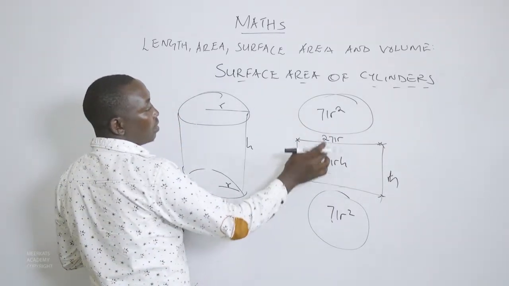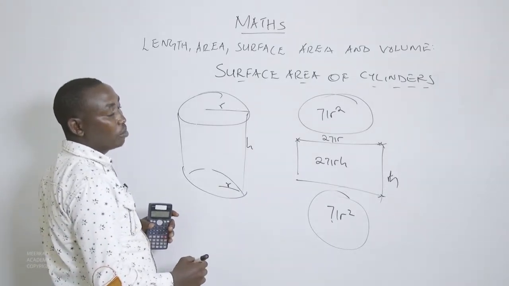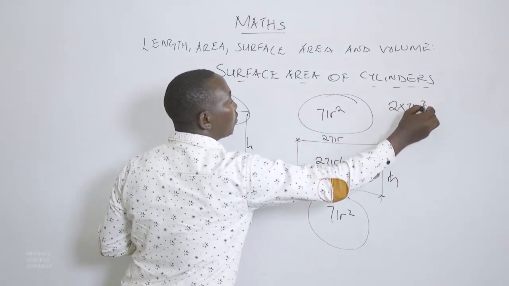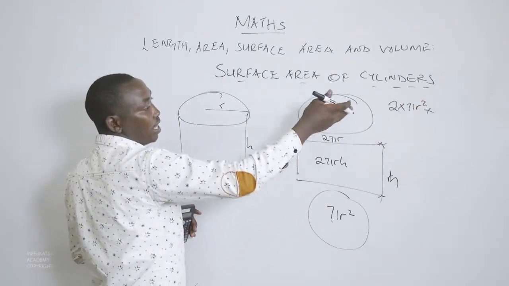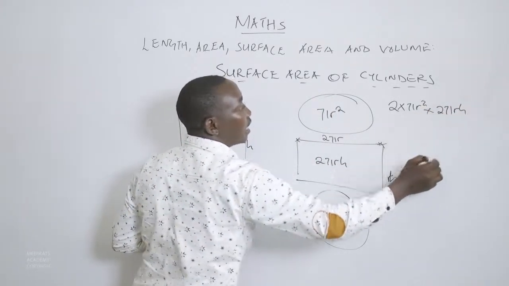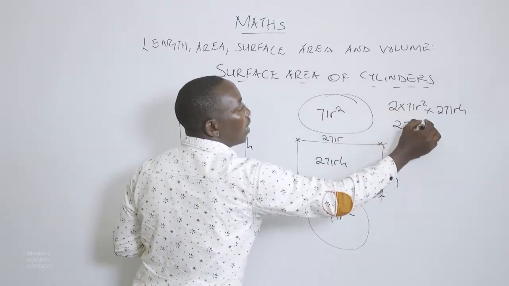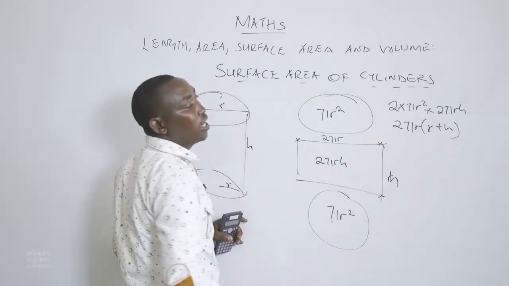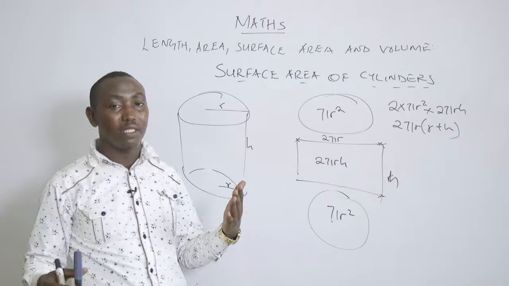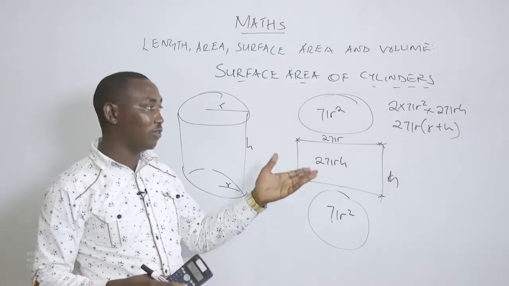When you add up this surface area to obtain the total surface area, you take 2 multiplied by pi r squared, which is the two circular parts, plus 2 pi r h. But you can factor out 2 pi r, so 2 pi r into r plus h. In this case, h sometimes takes the form of the length, sometimes it is the height, as we have seen.